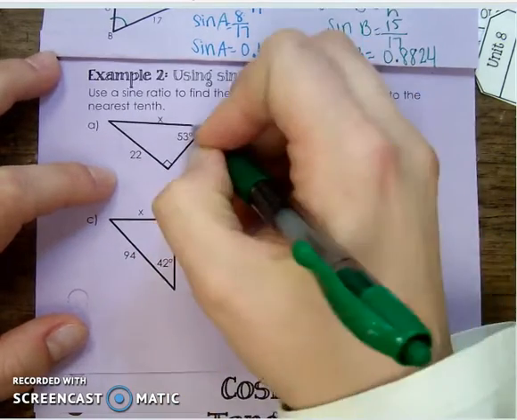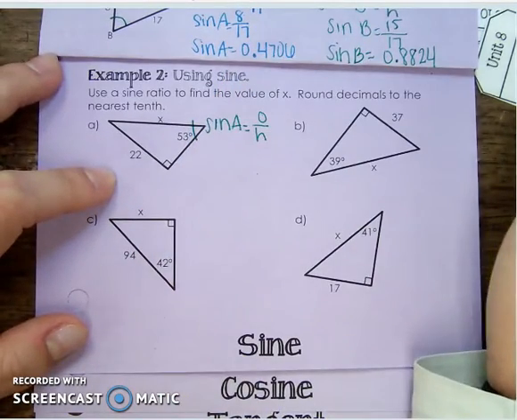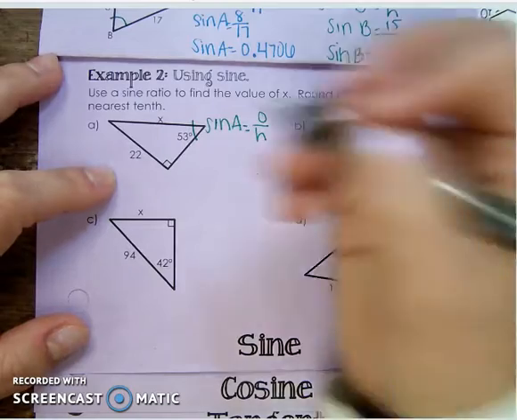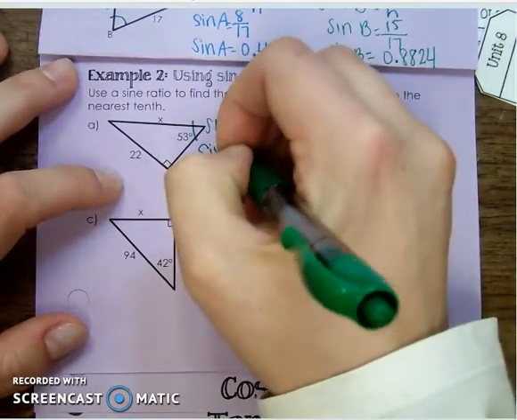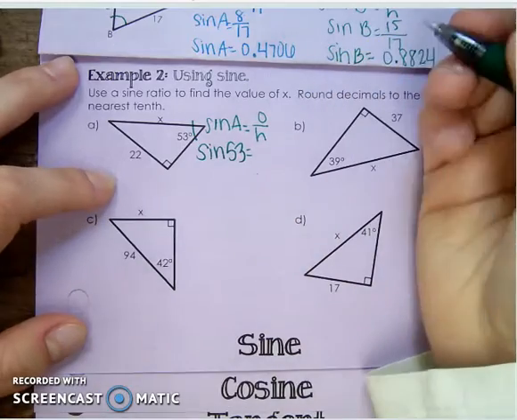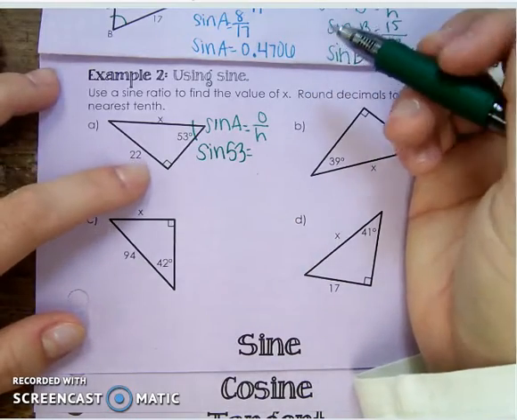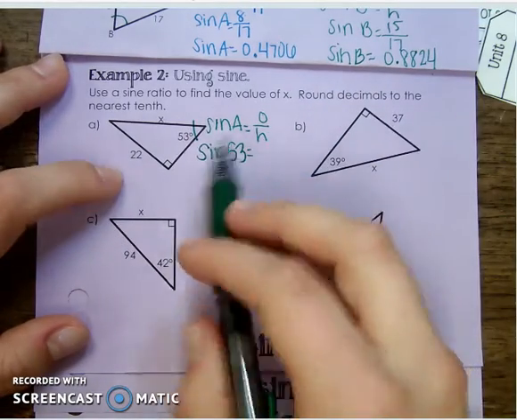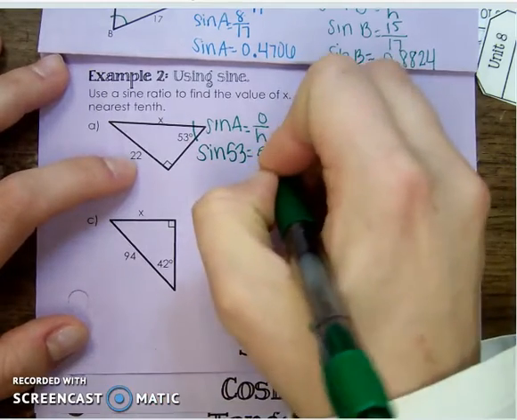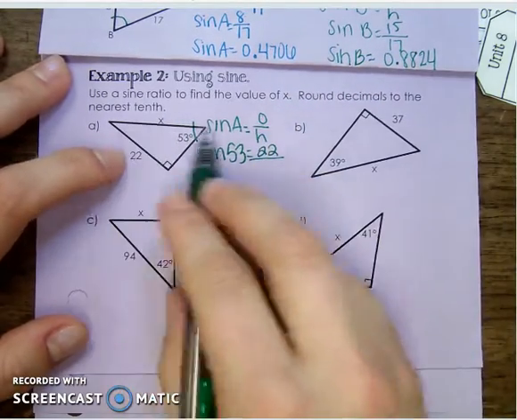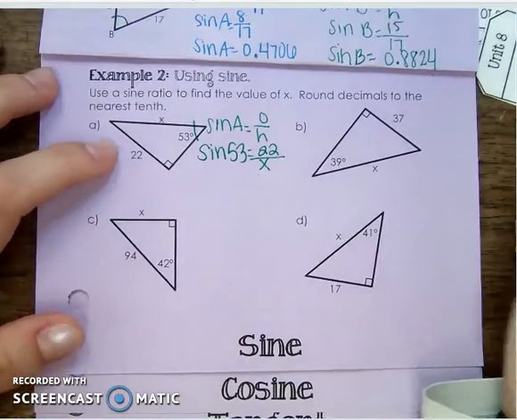A is the angle that I already have. So I have sine of 53, and I'm looking at the opposite, which is 22, over the hypotenuse, which is x.